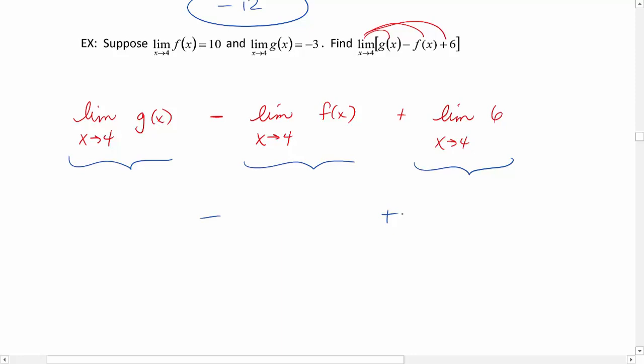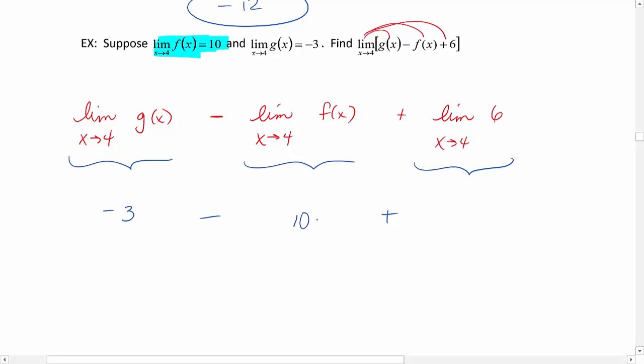The limit as x approaches 4 of g of x, well, there's not a limit law for that, but they just told us what it was. They said that this limit was equal to -3. Now, the limit as x approaches 4 of f of x, they gave that to us as well, 10.